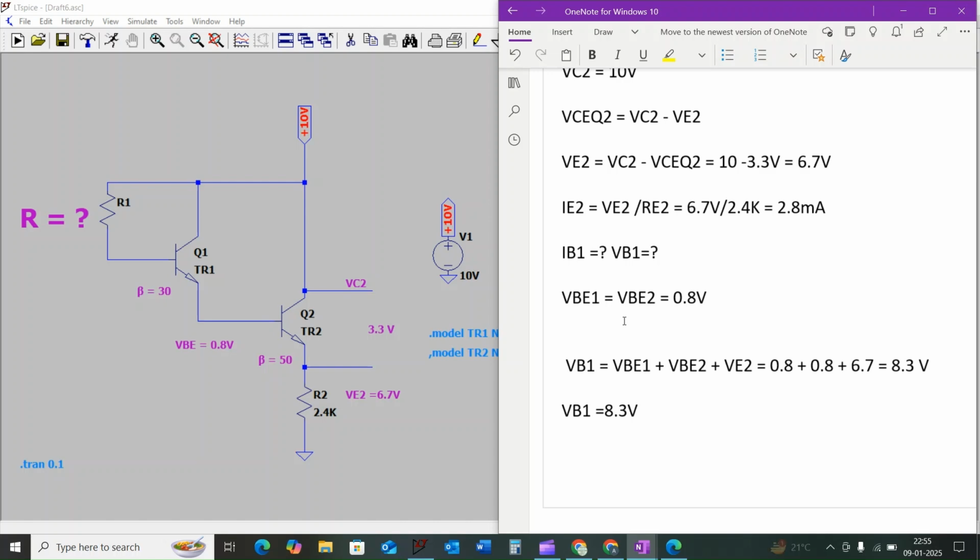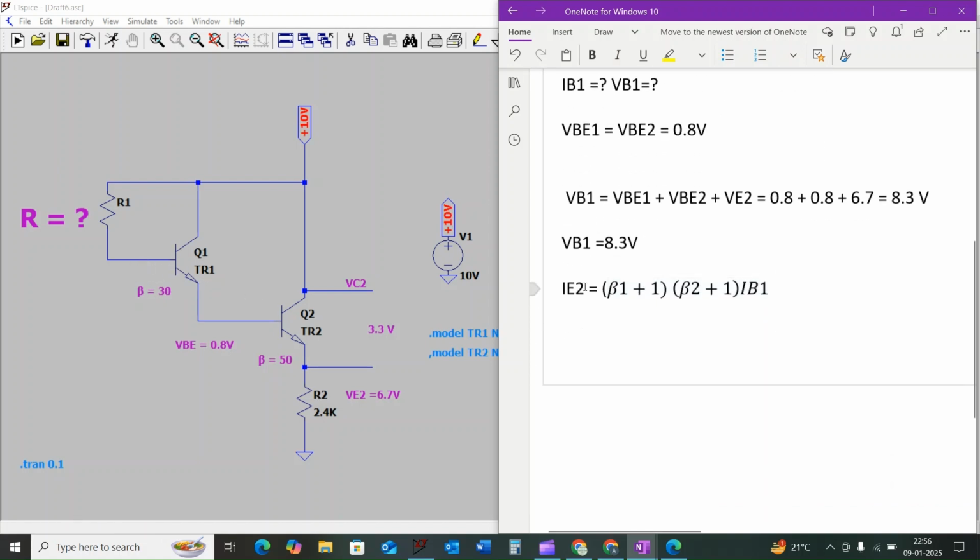In the Darlington pair circuit, the emitter current of the transistor Q2, that is IE2, is equal to (beta 1 plus 1) into (beta 2 plus 1) into IB1, the current across the base terminal of the transistor Q1. Here IE2 is the current across the emitter terminal of the transistor Q2, and similarly IB1 is the current across the base terminal of the transistor Q1. The base current of the transistor Q1 is given as IB1 is equal to IE2 divided by (beta 1 plus 1) into (beta 2 plus 1).